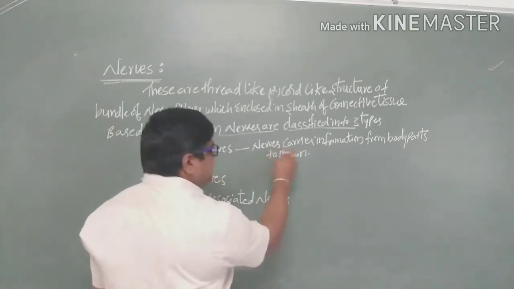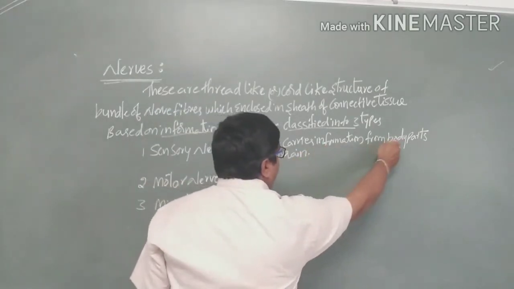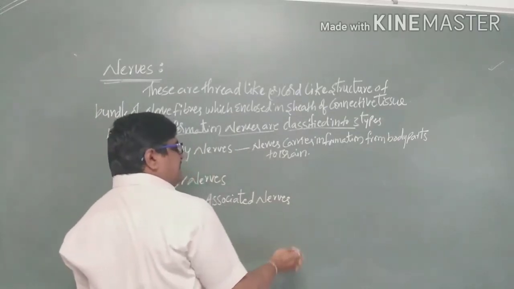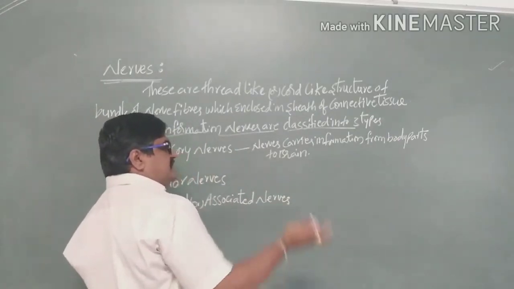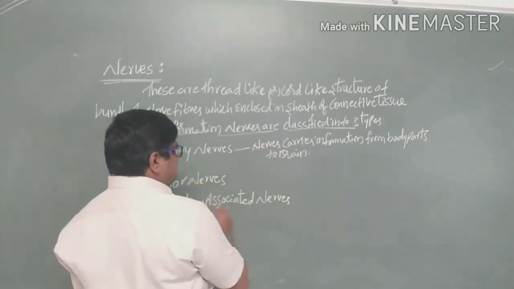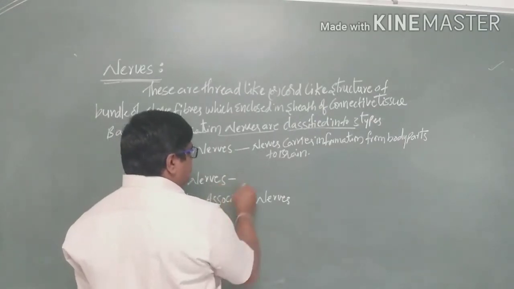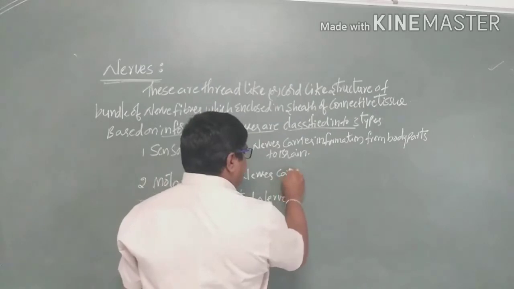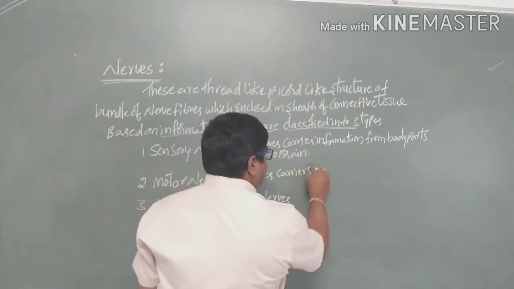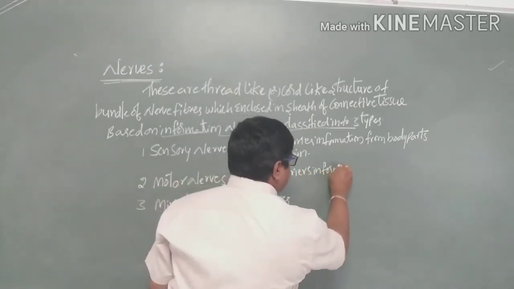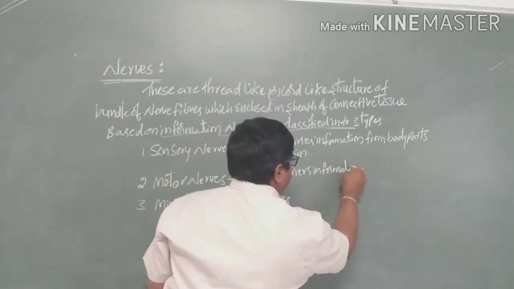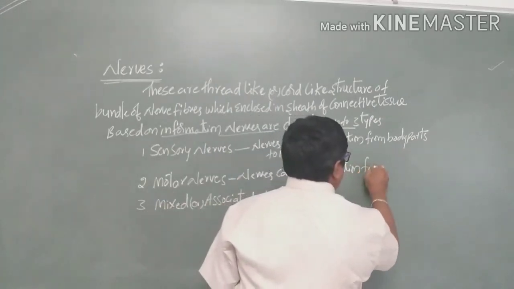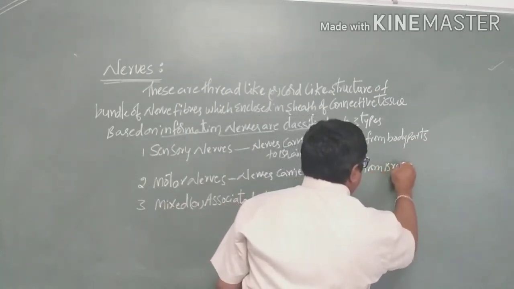And motor nerves are the nerves which carry information from the brain to body parts.